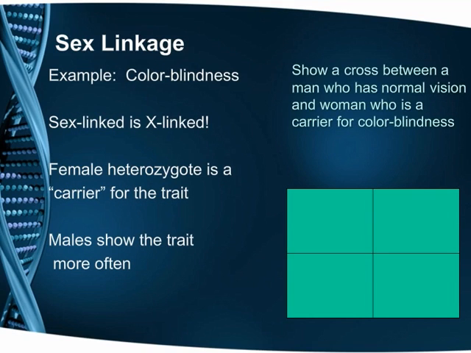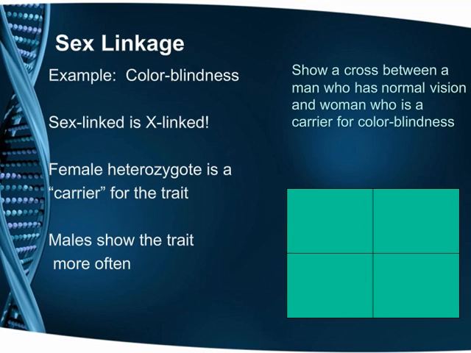For sex linkage, there are particular traits that you need to remember. There's a place to write an example. Color-blindness is one that often comes up. Don't forget, sex-linked is X-linked because it's on the X chromosome only. Please make sure that you fill in that blank.